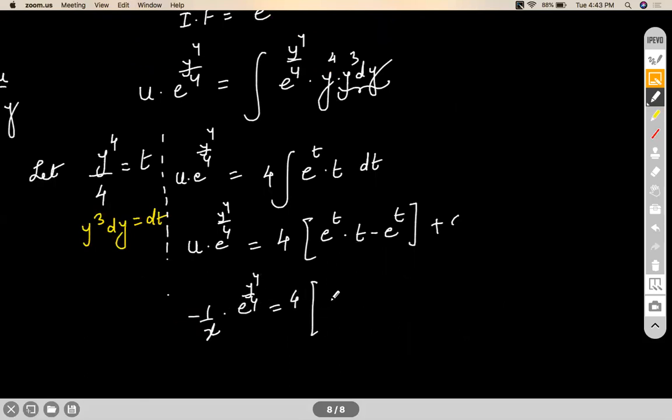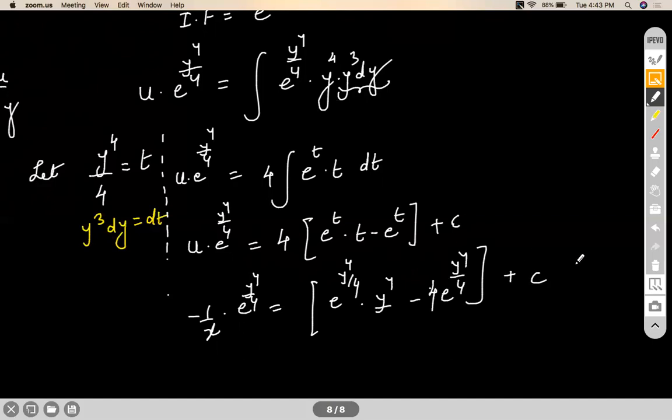So this will be e to the power y to the power 4 by 4 into y to the power 4 by 4 minus e to the power y to the power 4 by 4. So this 4 you can introduce inside. So this will eat away this 4 and there will be a factor of 4 over here. Plus a c.